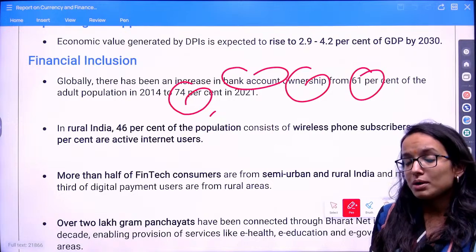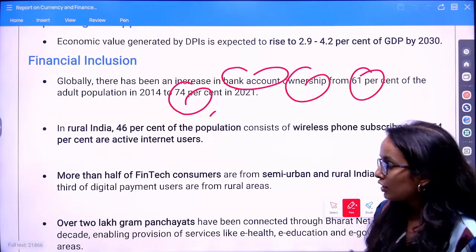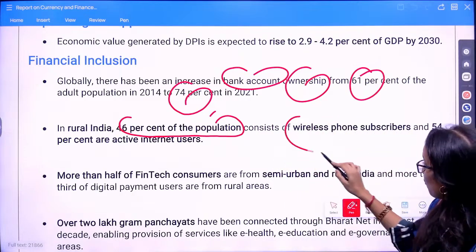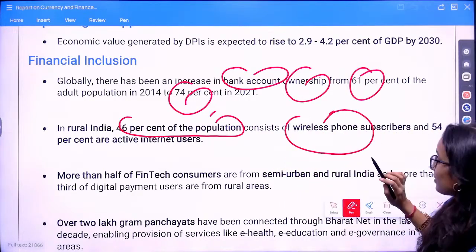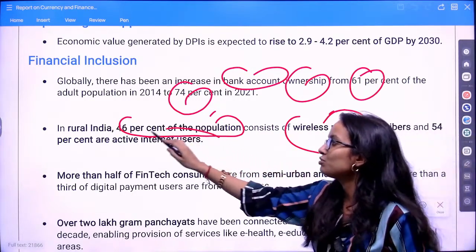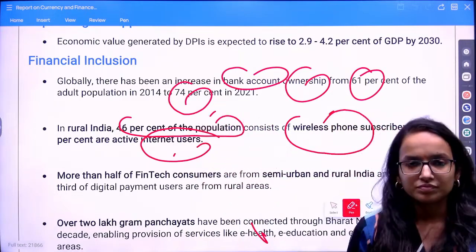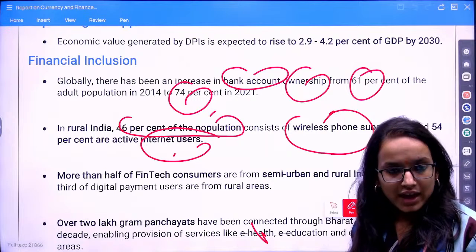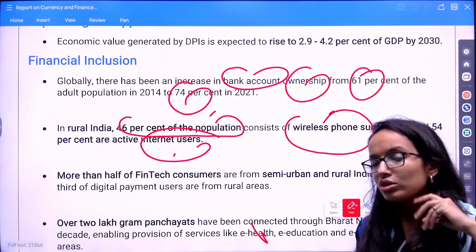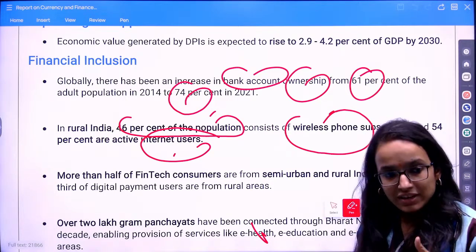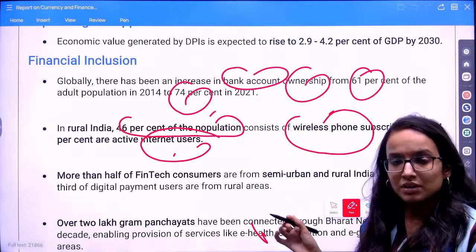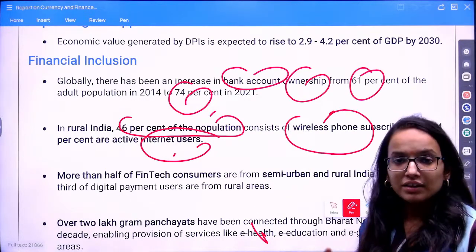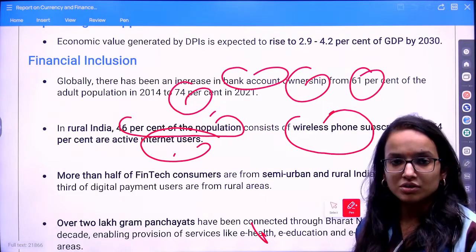Then, if we talk about India and particularly rural India, in rural India, 46% of the population consists of wireless phone subscribers and 54% are active internet users. So this is again why a success of financial inclusion? Because every bank cannot go to the remotest areas, right? So having internet penetration helps people connect with the financial services or product lines offered by the banks and other financial institutions, right?